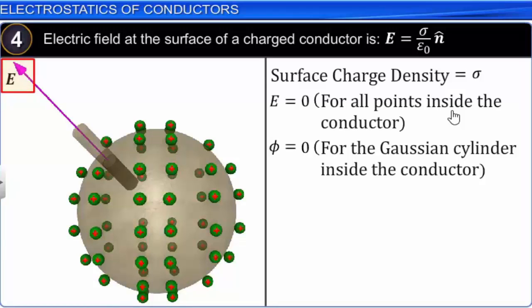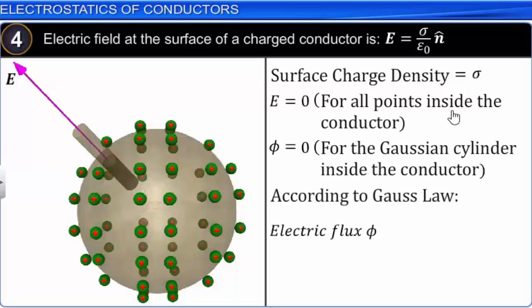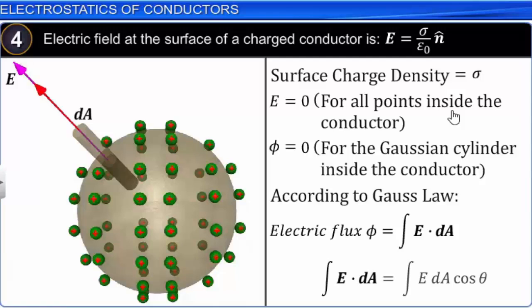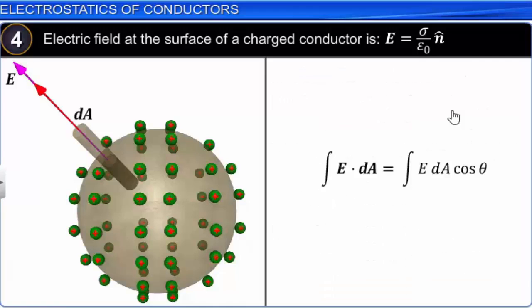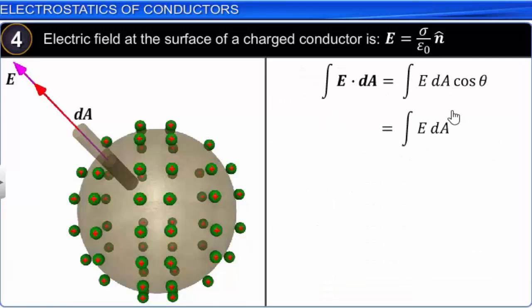According to Gauss' law, the electric flux phi through this area will be equal to integral E dot dA. Here, integral E dot dA is equal to integral E dA cos theta equal to integral E dA, where cos theta is equal to 1 since the angle between the vectors E and dA is 0 in this case.